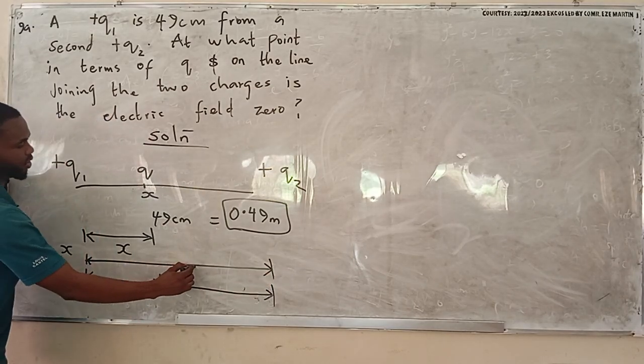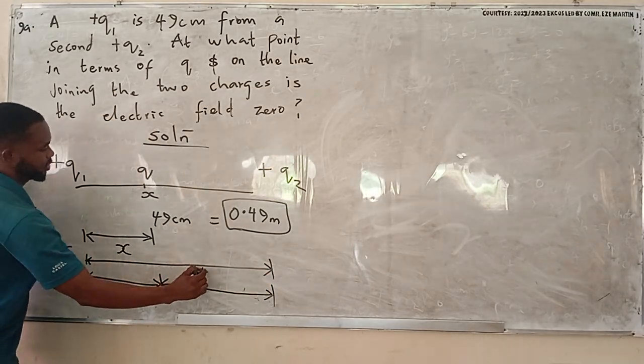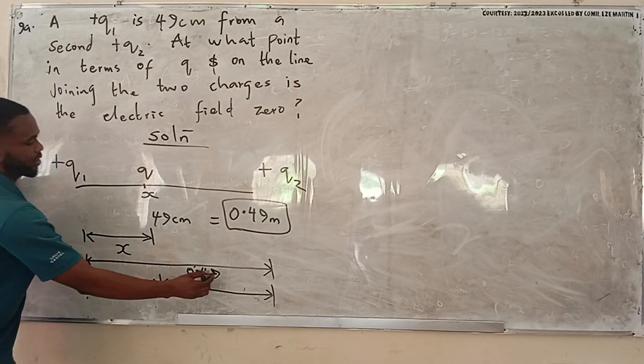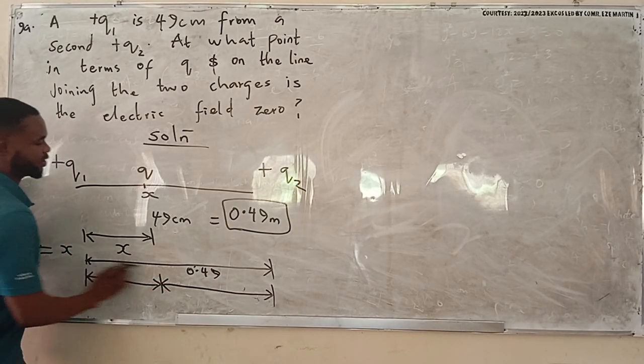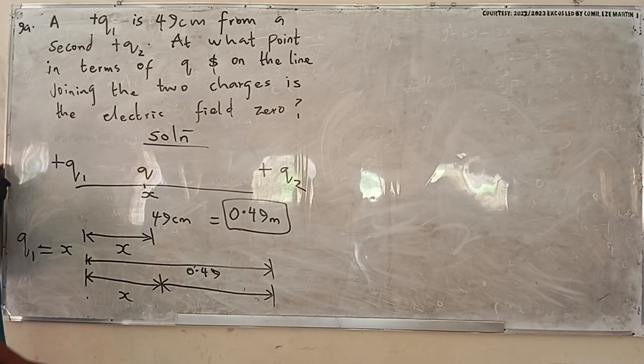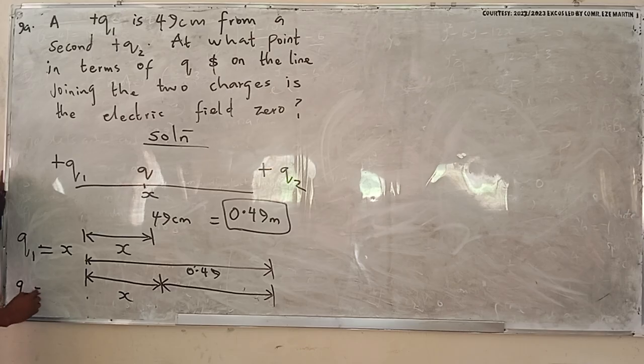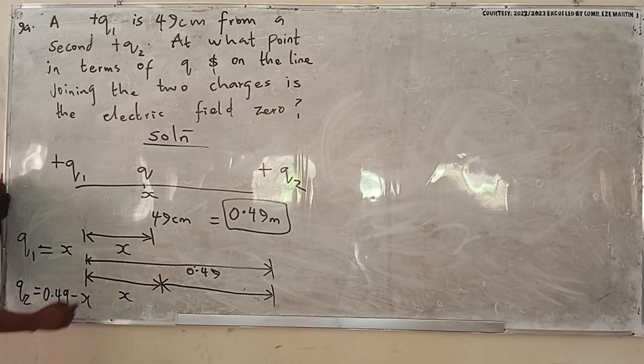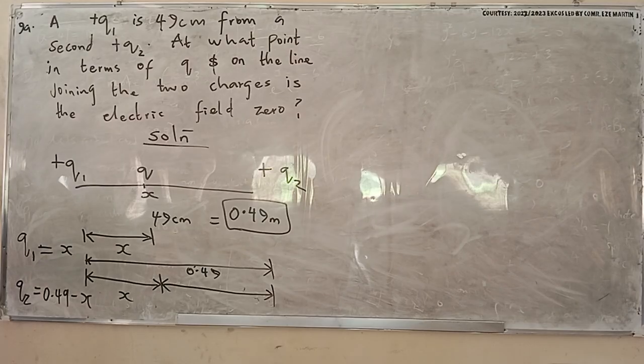This is our 0.49. This is an equilibrium question. Everything from this end to this end minus this x is our Q2 position. So our Q2 position is simply 0.49 minus x. This is how you go about this kind of question.